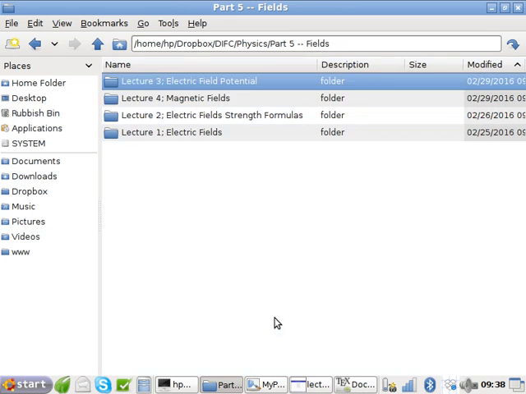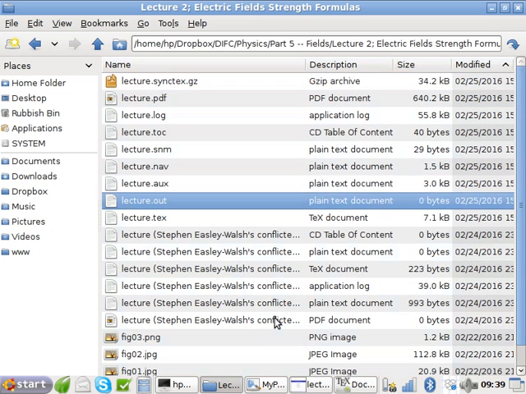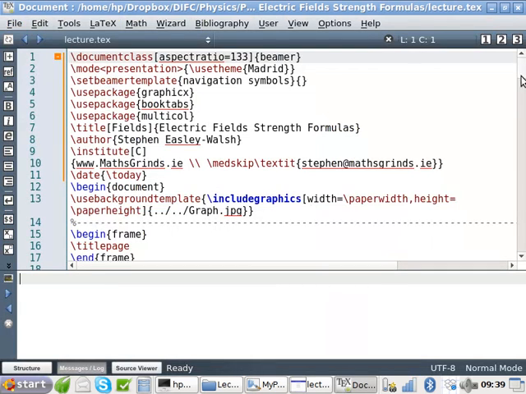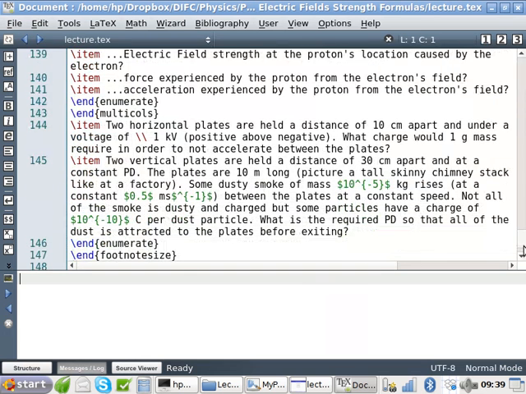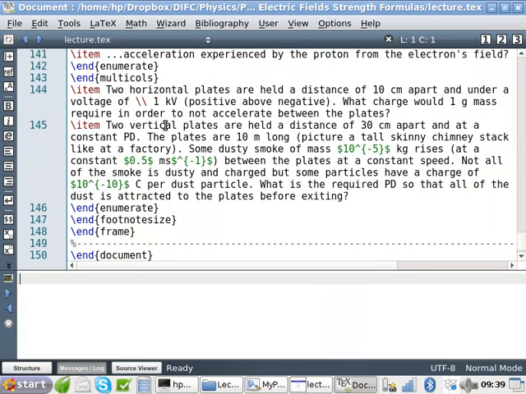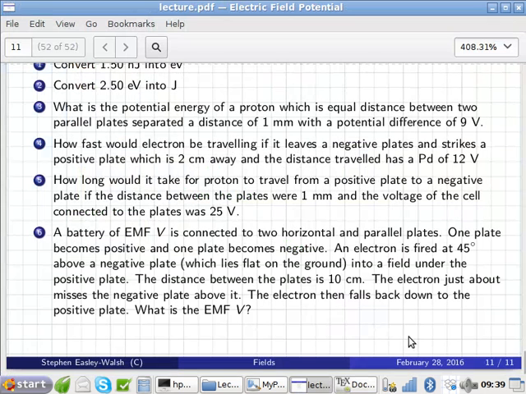Just want to check one thing here. I just feel like I should be adding something else into this question to make it a little bit more difficult.